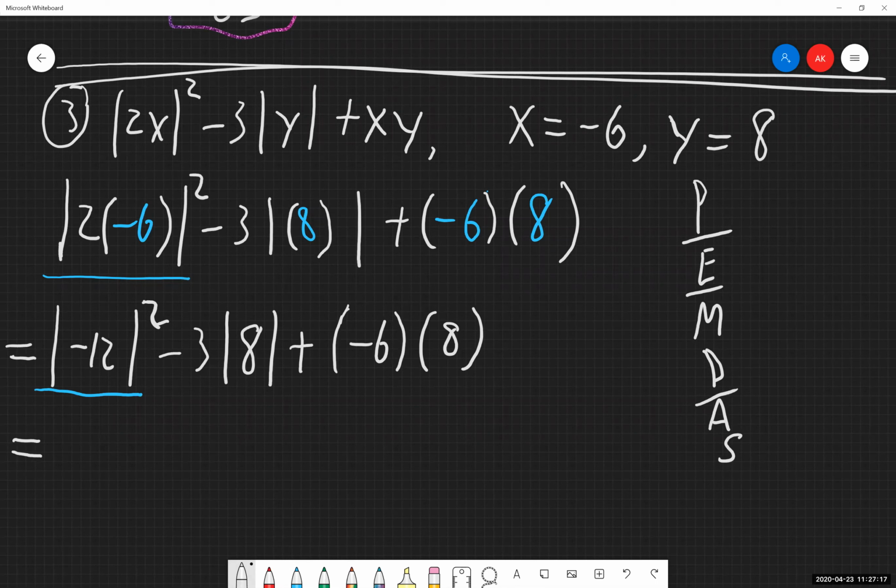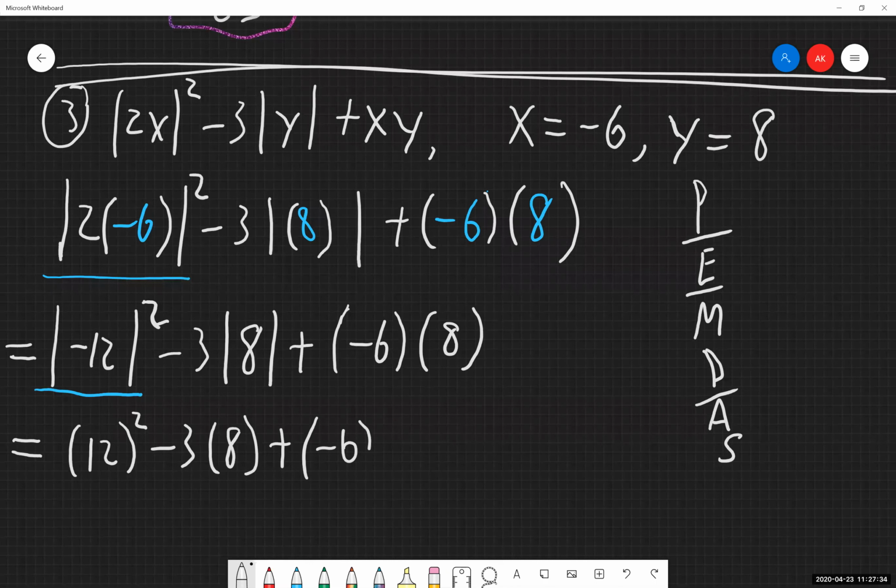It's going to be a positive 12. The exponent on the outside is just going to stay there. We can do the same thing with this absolute value of 8. The absolute value of 8 is just going to be 8. So we've got all that there. So our parentheses, done.